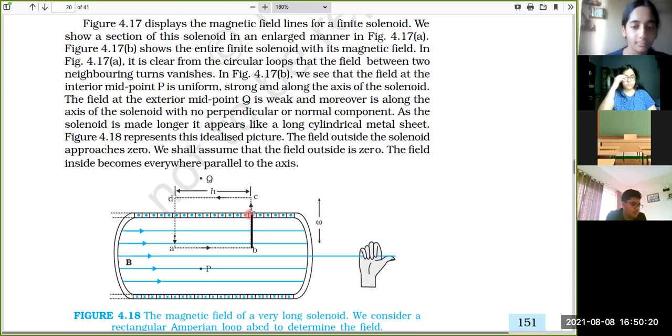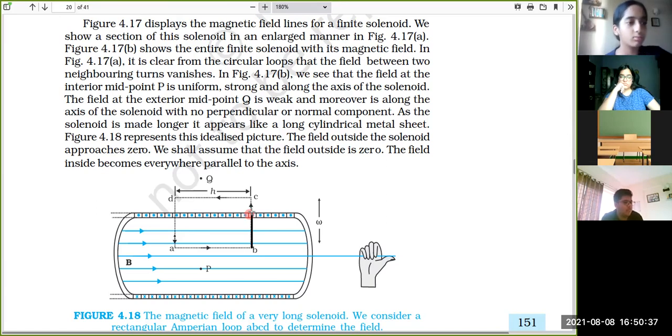So what is the line integral of B dot dl in this part from D till the red point, in the black portion?